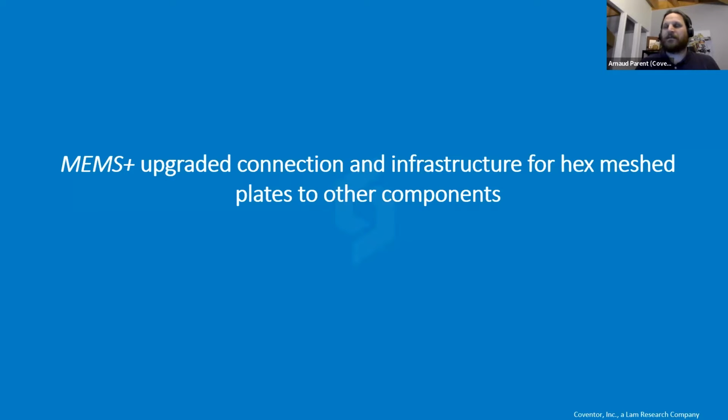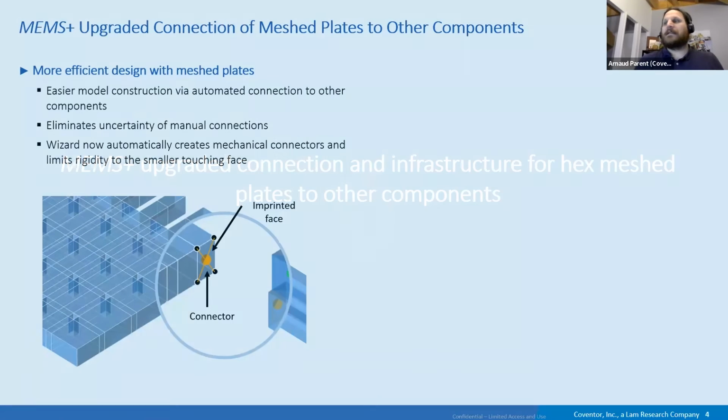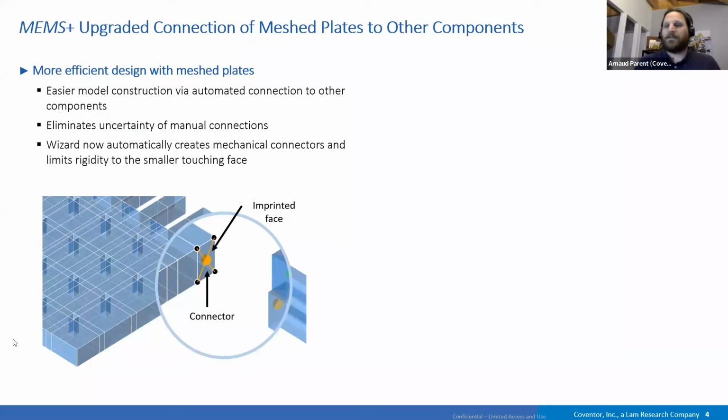Let's start with the MEMS Plus upgraded connection and hexahedral mesh infrastructure. What you see on the screen is an example of a mesh plate. This object is a zoom on a small portion of the inertial mass of an accelerometer. In MEMS Plus, there is a new mechanical model you can use.